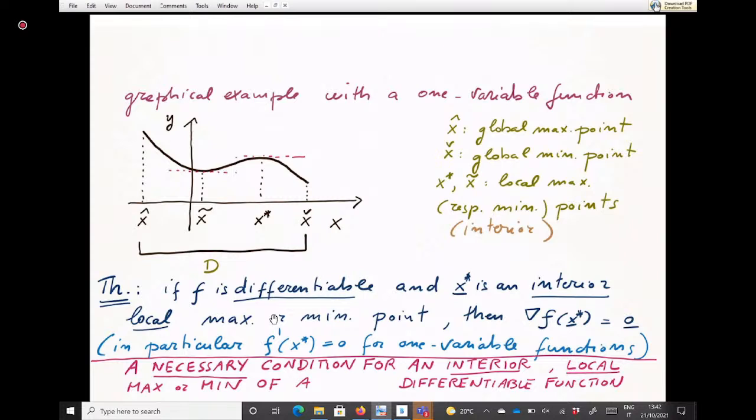In the one-dimensional case, this would read, if f is differentiable and x is an interior local maximum or minimum, then at that point the derivative is 0. So the tangent to the graph at that particular point will be parallel to the x-axis, will be horizontal, okay? So this is called a necessary condition for an interior local maximum or minimum of a differentiable function.